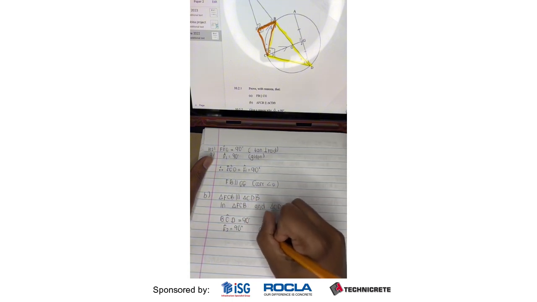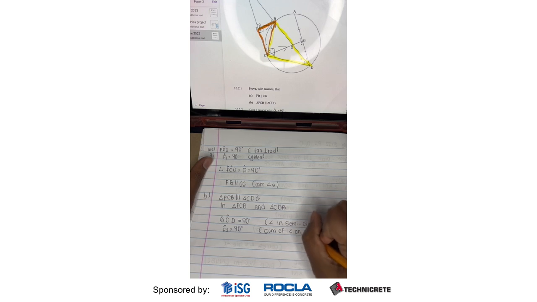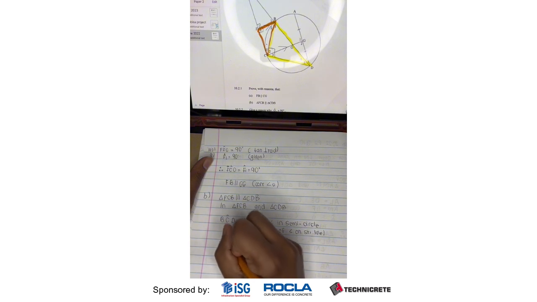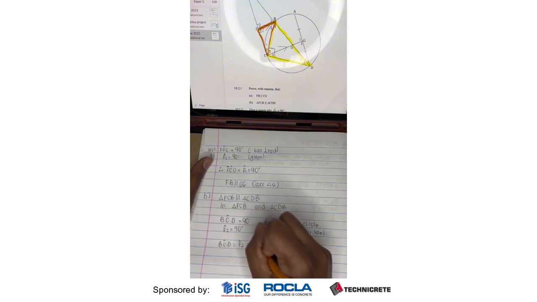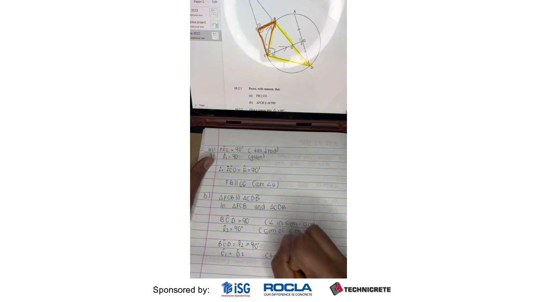I can say sum of angles on a straight line. Therefore, BCD is equal to angle F2 because they're both equal to 90. The next one is C1 is equal to angle D2, and my reason is tan chord theorem.